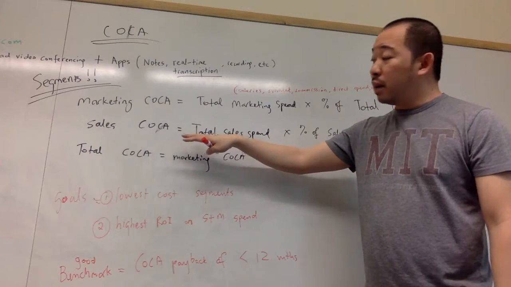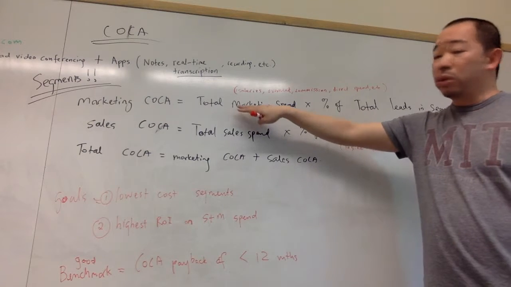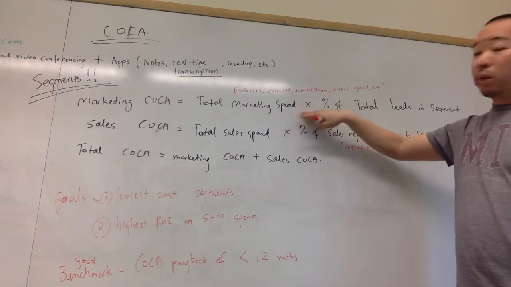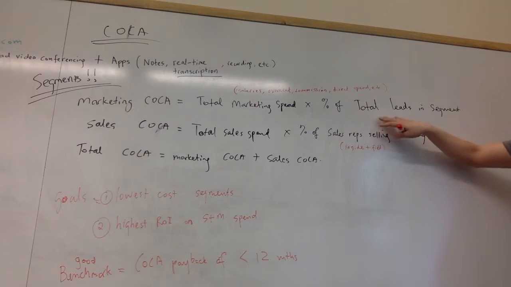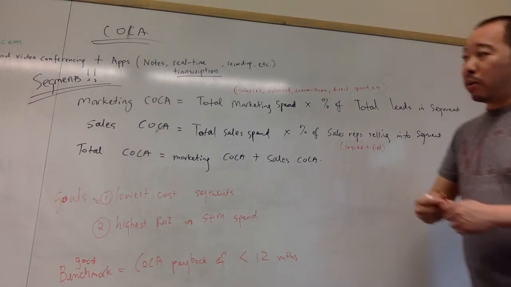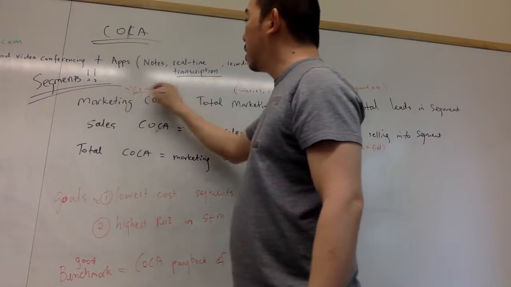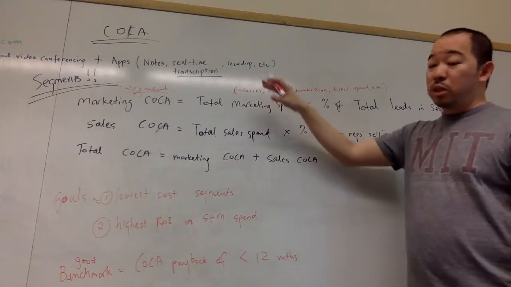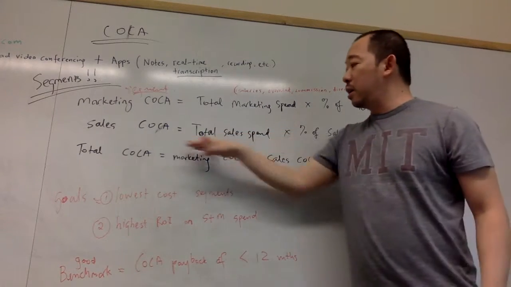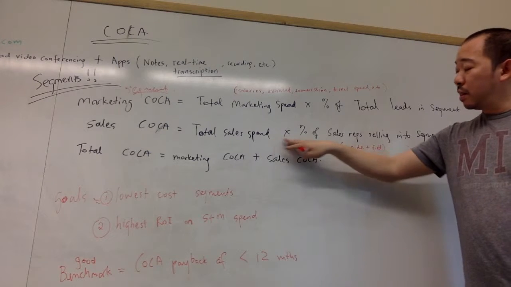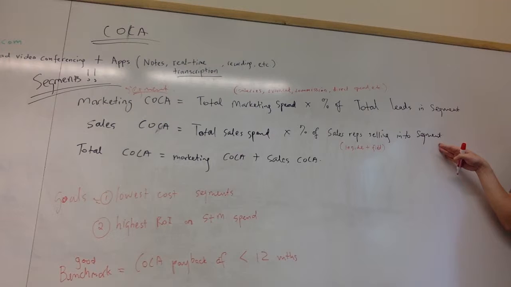this is how you ought to think about COCA at one level. Marketing COCA equals total marketing spend multiplied by the percentage of total leads in that segment. Right? So this is all, by the way, segment based, right? Again, you want to do this analysis for every segment. Sales COCA equals total sales spend multiplied by the percentage of sales reps selling into that segment, right?